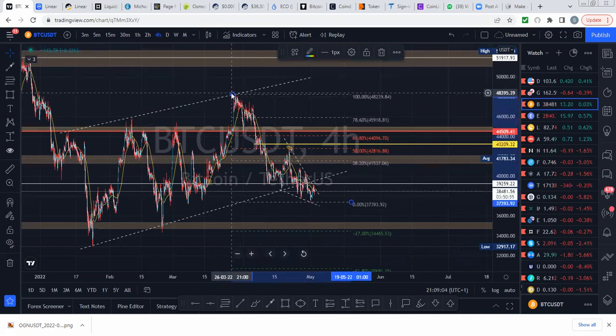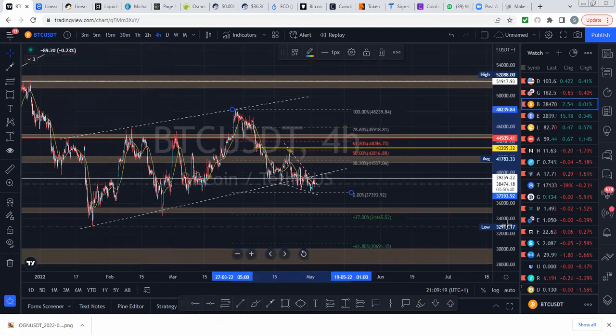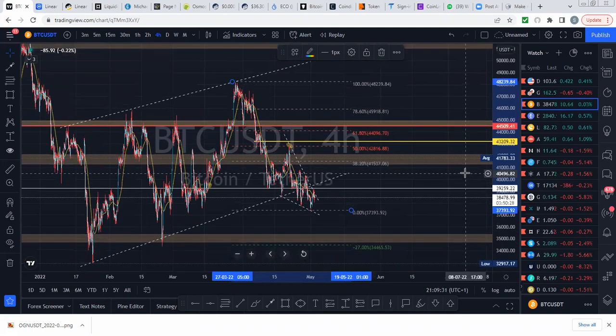Just place my Fibonacci on the last swing high, which is the lower high, to the last swing low. You can see that my TP is within this zone. So that is how to use Fibonacci. You can use it to also determine your TP points.